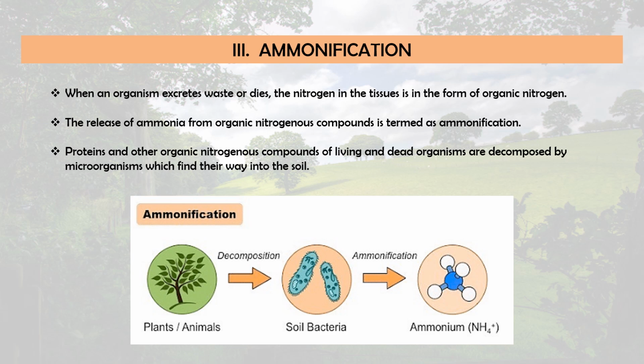Ammonium ion is toxic even at low concentration and is therefore never allowed to accumulate. So most of it is assimilated by soil organisms or microorganisms, and some of it is used by plants as a source of nitrogen. Microbes utilize the organic nitrogen-rich substrate in their metabolism and in the process release ammonia.